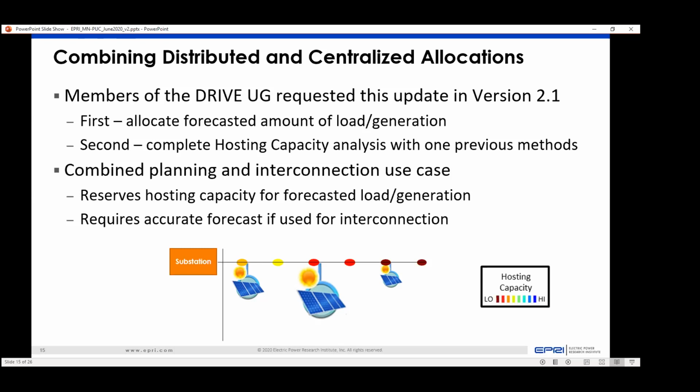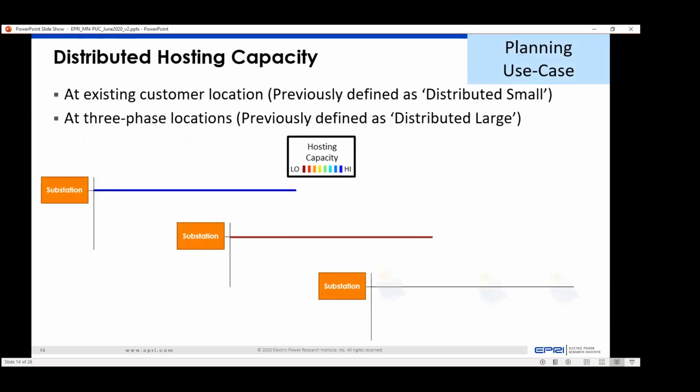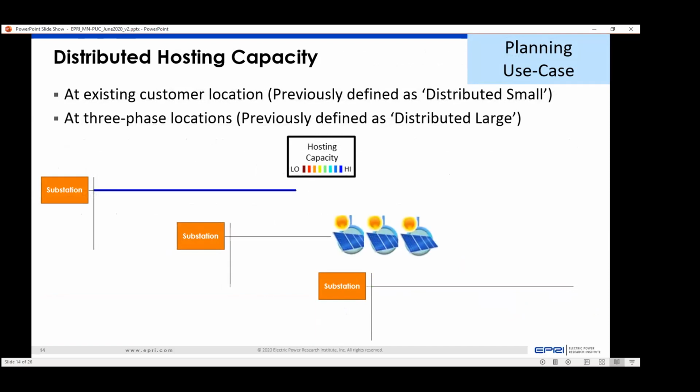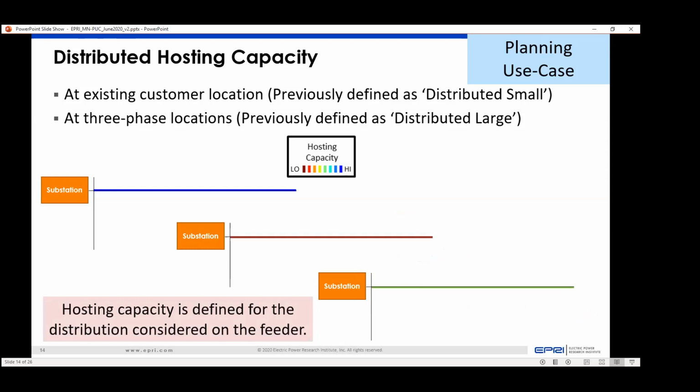Yeah, and I'll just summarize real quick from the distributed assessment, this allocation. The way that it's done is exactly as you're seeing in the animation right now. You define the allocation and you grow the penetration across that allocated location. So you assign what customers might be getting it, whether they're skewed towards the end of the feeder or based off of existing customer locations, and you grow the penetration to determine hosting capacity.